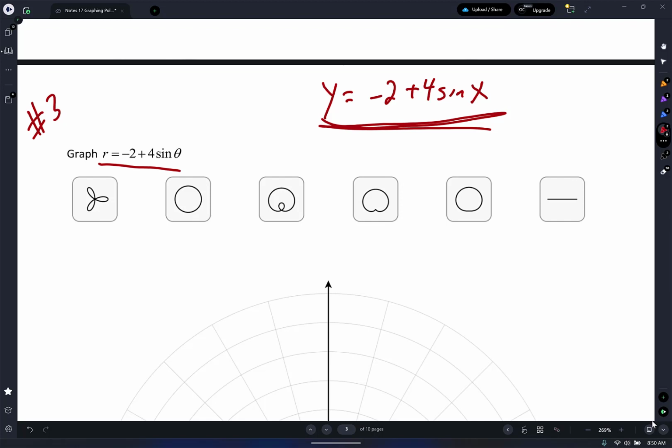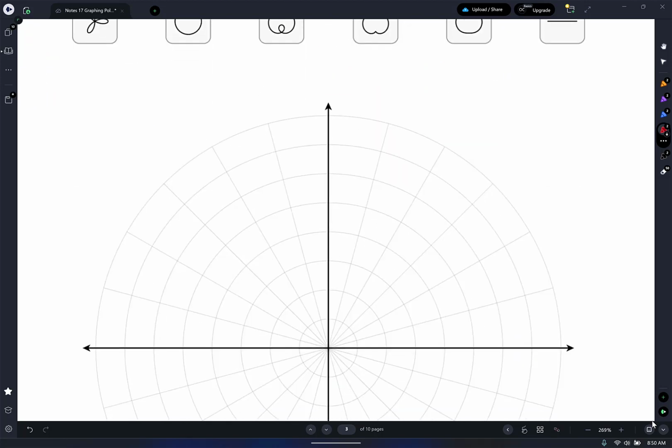If you touch the x-axis, you're going to create a heart. This is called a heart. It's a limaçon, but it's called a heart because of that little point there. See, that little point is touching the origin. This origin is sometimes called a pole. So don't freak out. Cool or not cool?